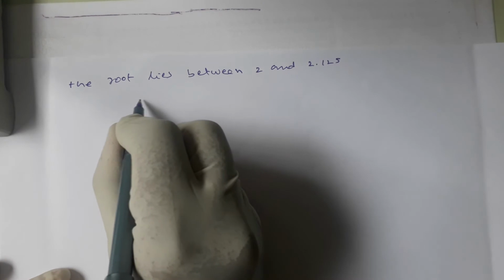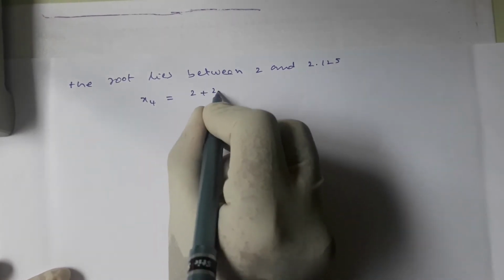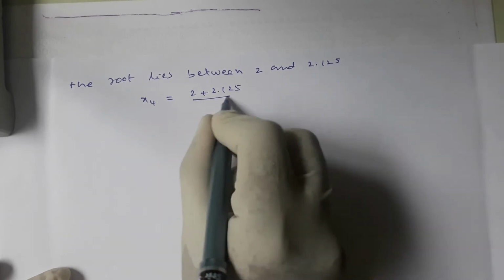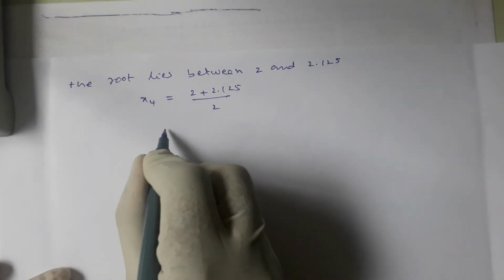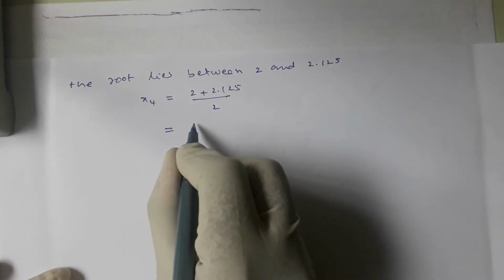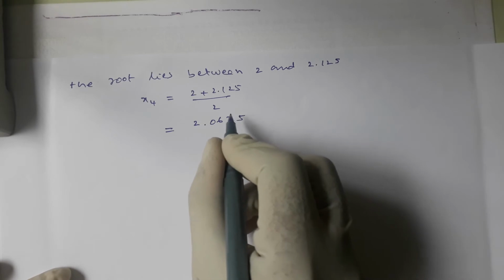Next, x4 is equal to 2 plus 2.125 divided by 2 is equal to 2.0625.